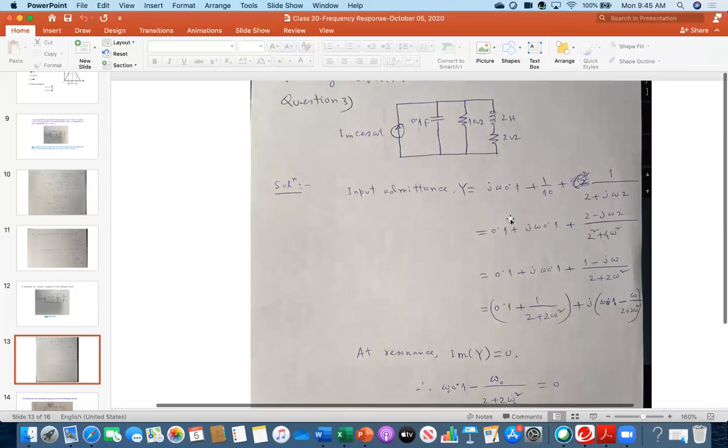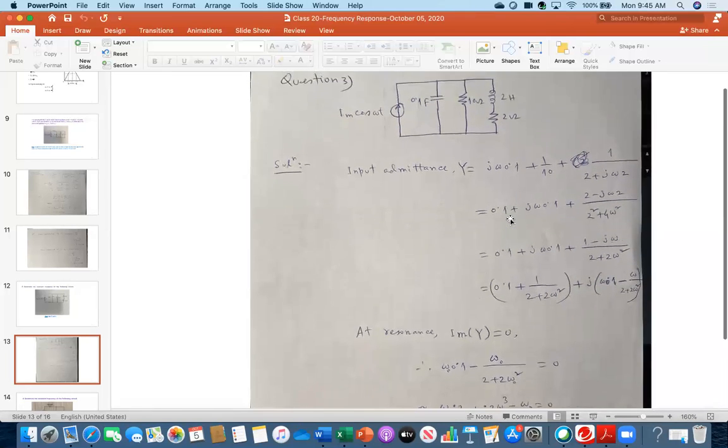When you switch, did you just multiply the fraction by its conjugate? This one, yeah, the conjugate of the denominator. Thank you. Yeah. So you see, because in the denominator there is no j.